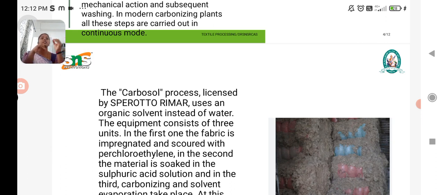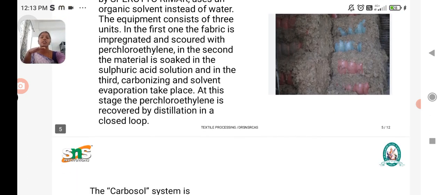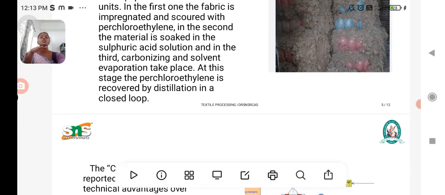In the first one, the fabric is impregnated and covered with perchloride. In the second, the material is soaked in the sulfuric acid solution, and in the third, carbonizing and solvent evaporation take place. At this stage, the solvent is recovered by distillation in a closed loop.